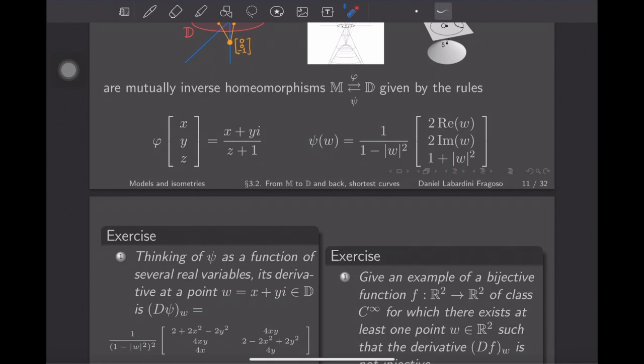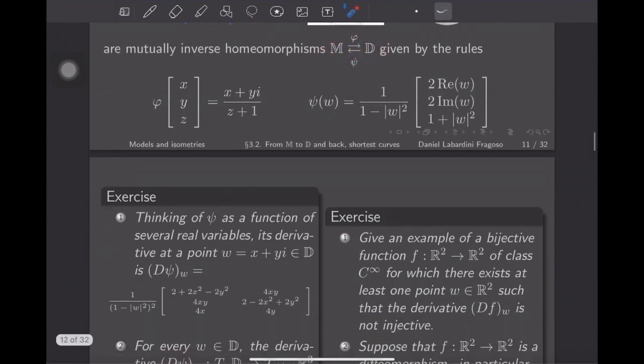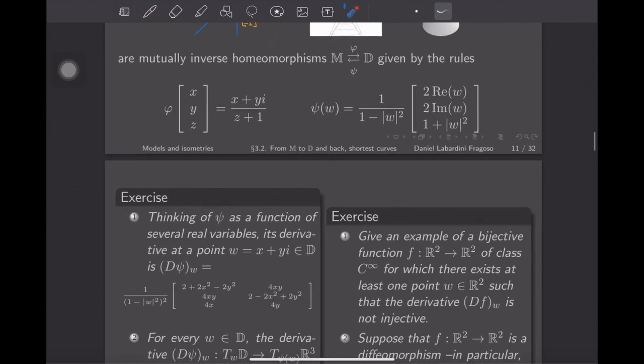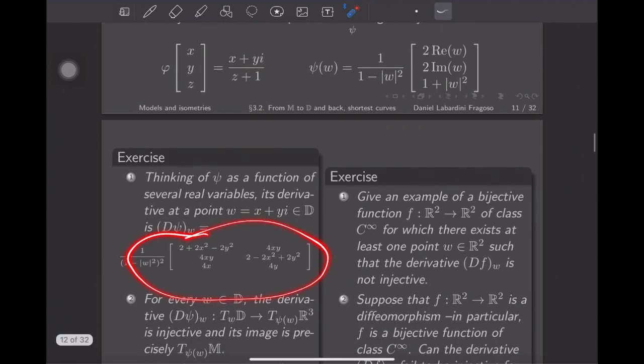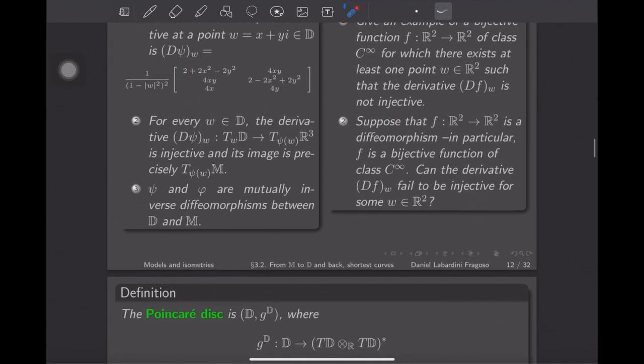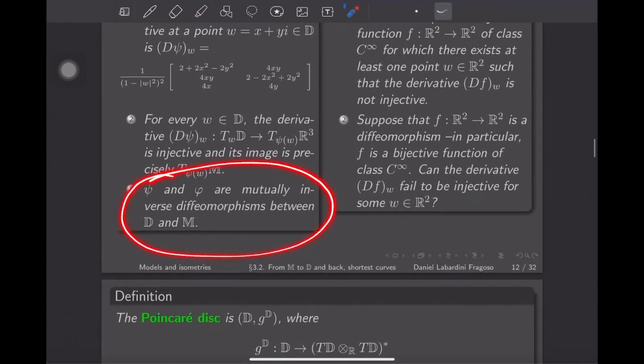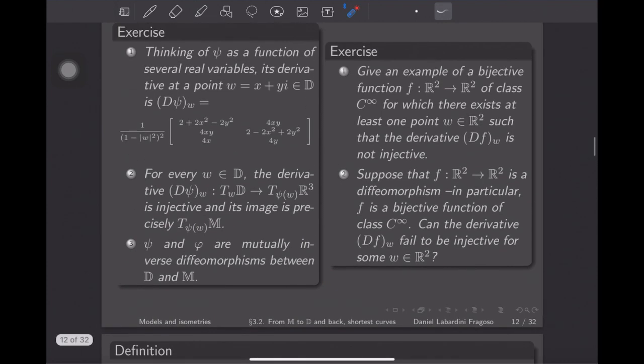You see, this is a psi, from the disk to the hyperboloid, but thinking of it as a function from a subset of R2 to R3. And then take the derivative at a point. So this is a straightforward exercise, and the upshot is to show that they are mutually inverse diffeomorphisms.